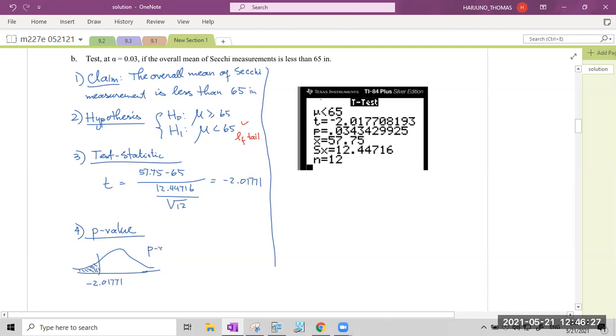The p-value. So p-value is tcdf of negative E99, negative 2.01771, and degrees of freedom is 11.